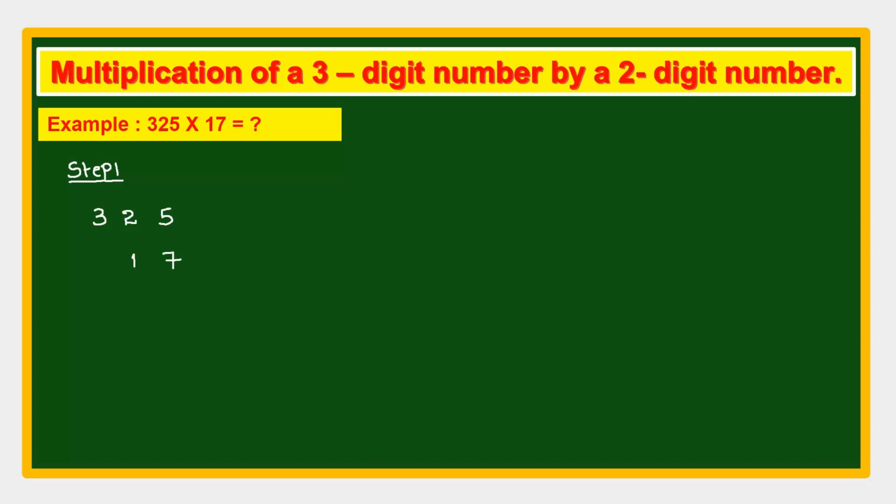Now multiply the unit digit of the multiplicand with the unit digit of the multiplier. It means 5 and 7. These two we have to multiply. So 7 5s are 35. We have to write 5 here and carry forward 3. We have to write like this. And next, step 2.